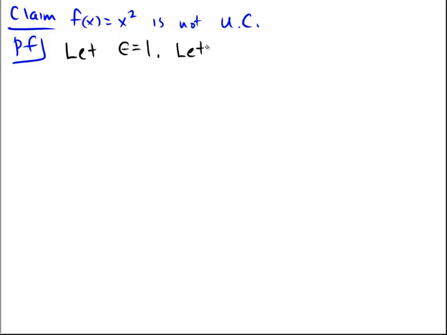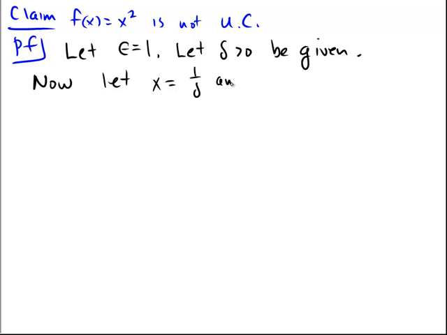Now it has to be true for all delta, so we're going to let delta greater than 0 be given, because the negation required a universal quantifier over delta. Okay. Now let x equal 1 over delta and y equal 1 over delta plus delta over 2.